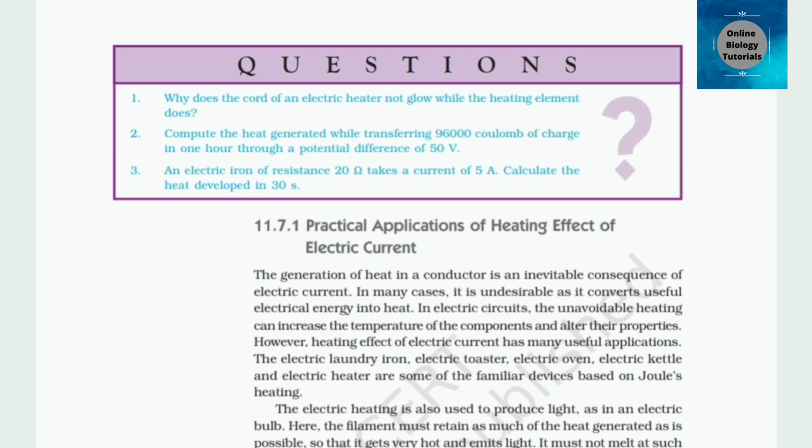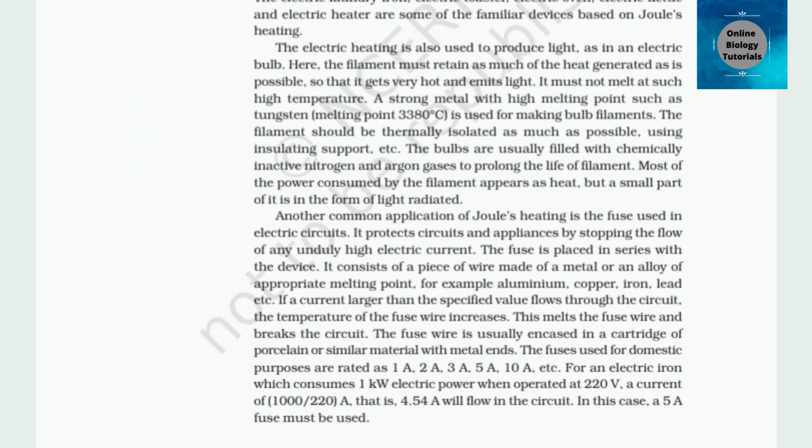The electric heating is also used to produce light, as in an electric bulb. Here, the filament must retain as much of the heat generated as possible so that it gets very hot and emits light. It must not melt at such high temperature. A strong metal with high melting point such as tungsten, melting point 3380 degrees Celsius, is used for making bulb filaments.